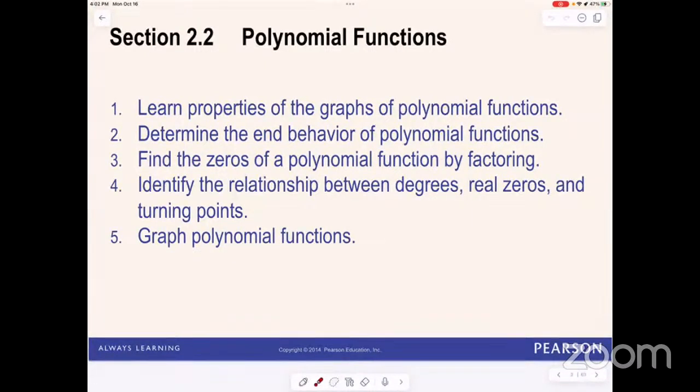As usual, if you have questions, feel free to unmute yourself to get my attention, or type in the chat and we can talk about it. Otherwise, we're going to go through as much of this section together today as we can. This is a long section, so we're not going to be able to get through all of this together.